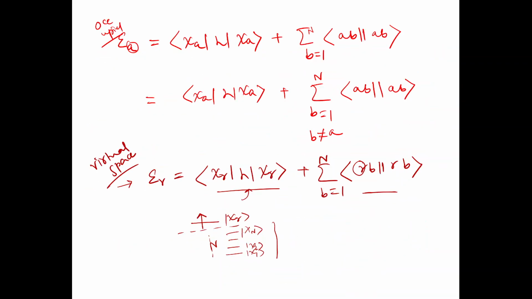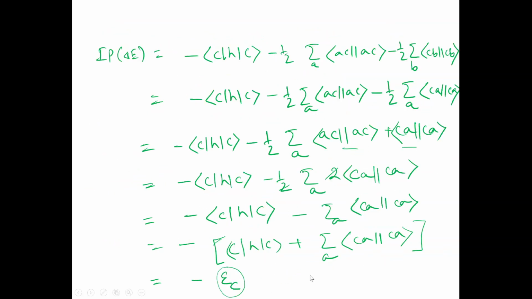So we have derived this virtual space orbital here, right? Er is equal to, then we looked at that this is the interaction energy that is there. The electron is there in the Rth orbital, and this is the interaction with the overall electron density. And the same thing we are getting from here also in the IP case. So now you have ejected, like you have taken out one electron from the Cth orbital.